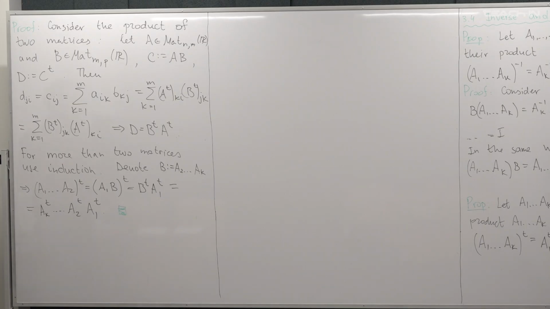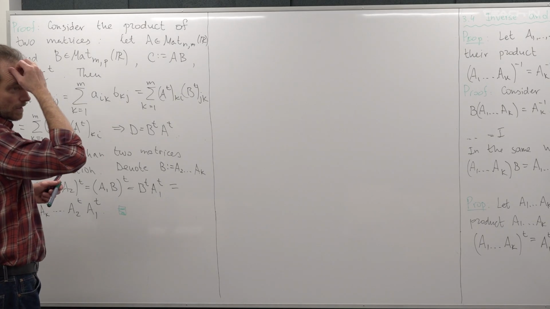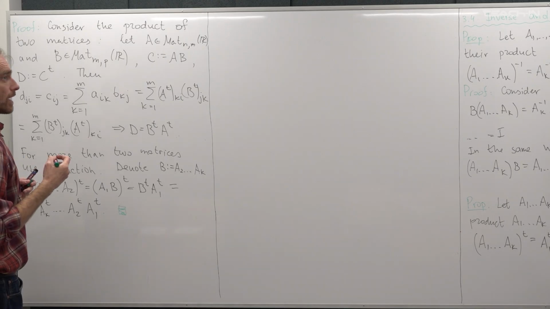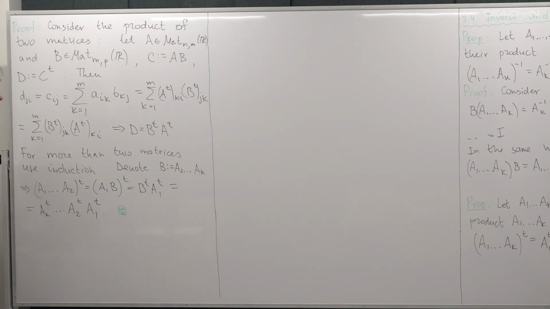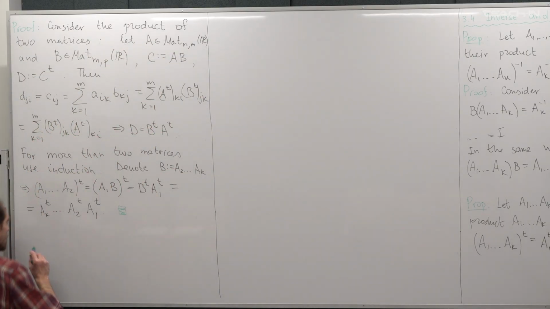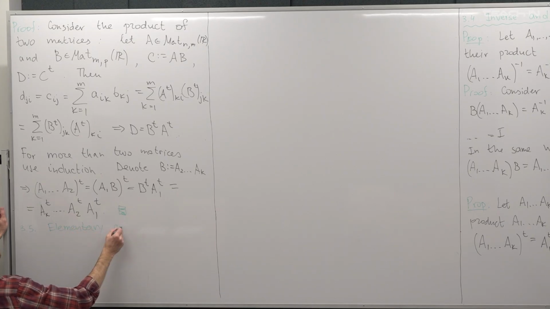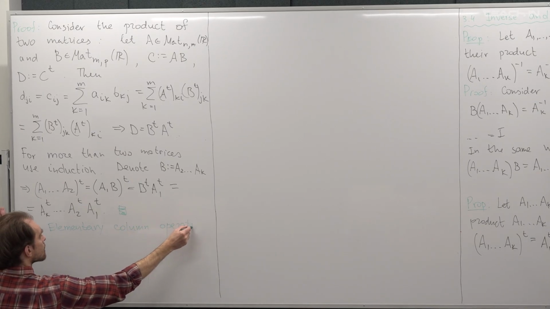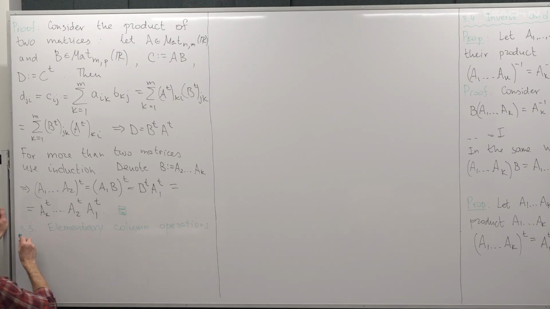Okay, so that's quite technical, but we will need this. We will need these propositions further, and the next subsection will deal with matrices of elementary column operations. So subsection 3.5, elementary column operations.